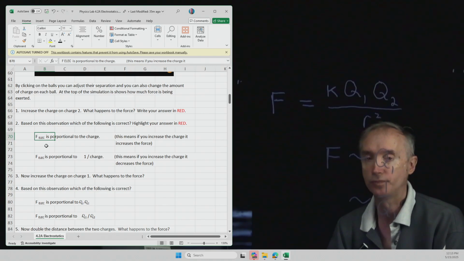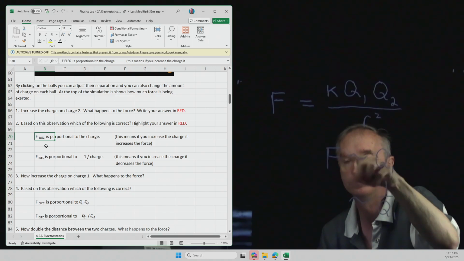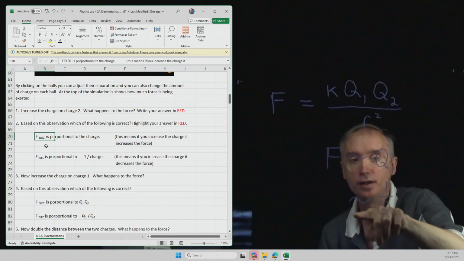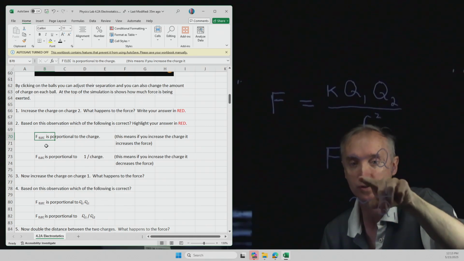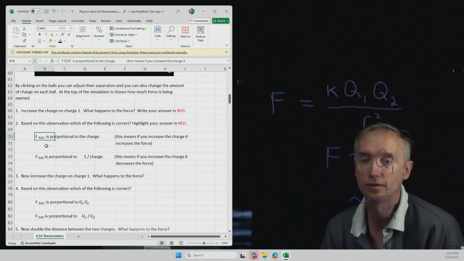So this one is called a directly proportional equation. This one here is an inversely proportional one. So what's the difference between the two?